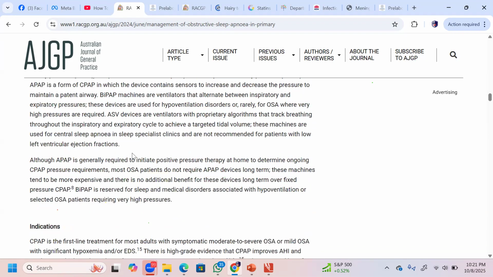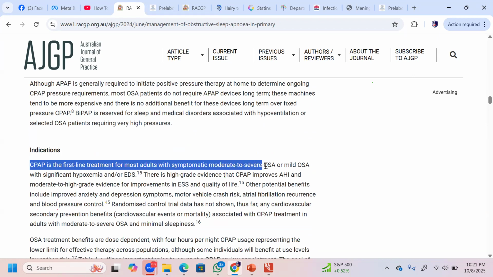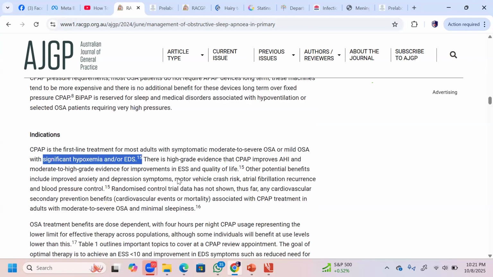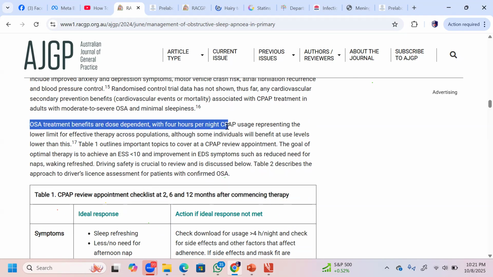So these are about the CPAP. Indication: CPAP is first line treatment for most adults with symptomatic, moderate to severe obstructive sleep apnea, or mild OSA with symptoms or significant hypoxemia. So these are the things which I tell you. Treatment benefits are dose dependent, with use of 4 hours per night.